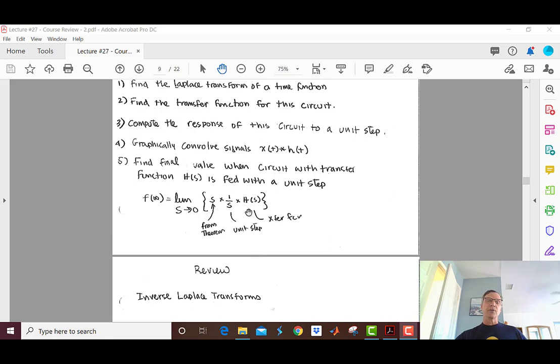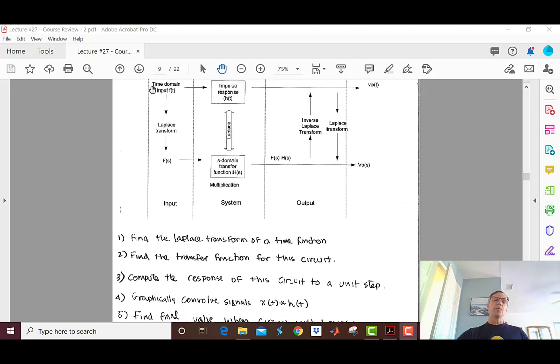Here's the final value theorem shown for you. You'll find that this is very useful when you take your control systems class, because in control systems, we always want to know where the time domain response ends up. So that's kind of the Laplace transform roadmap.